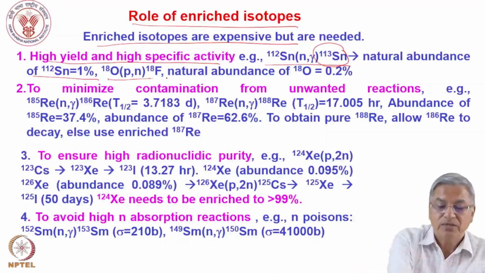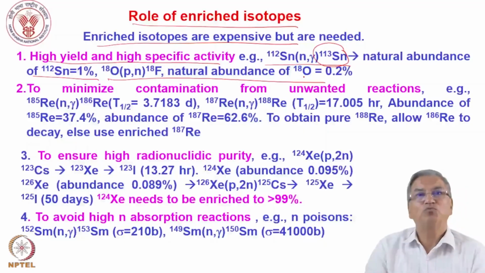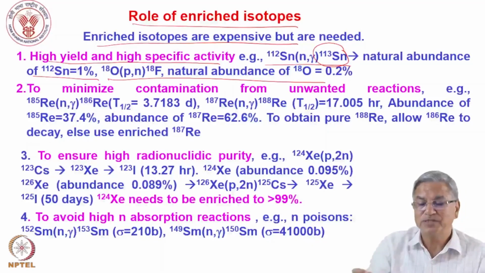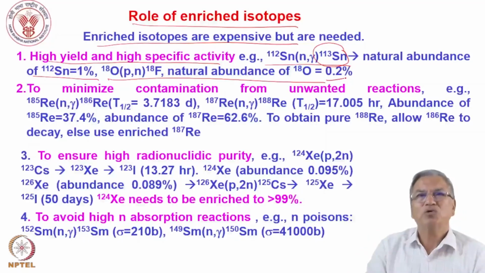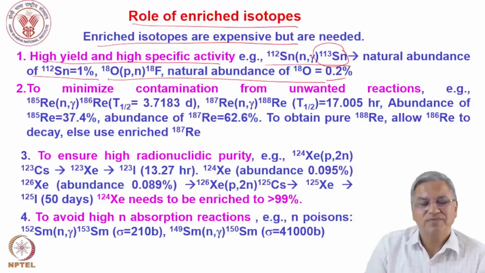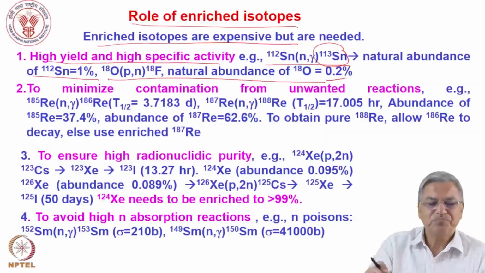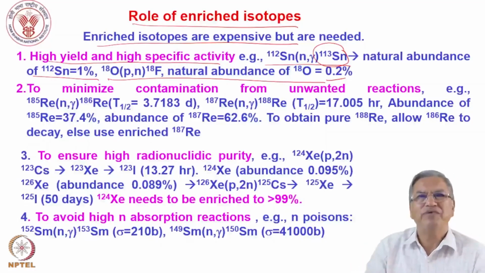Similarly, fluorine 18 that you want to produce for PET operations, oxygen 18 is a very small percentage, 0.2%. Bulk of the oxygen is oxygen 16. So if you irradiate natural water, you will get very small activity of F18 because oxygen 18 is very small in abundance.